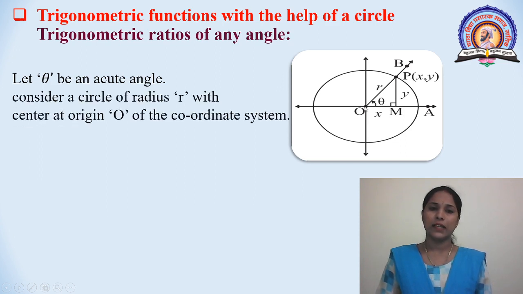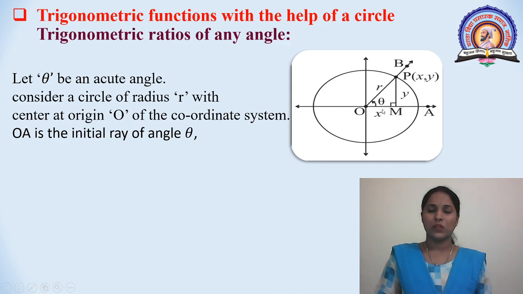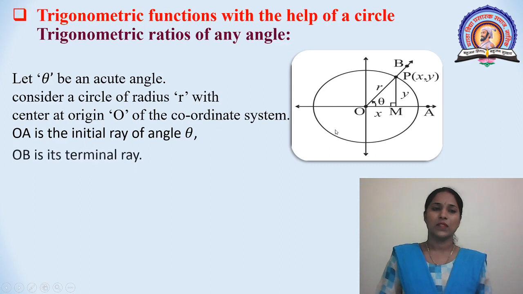Consider a circle with radius r with center at the origin of the coordinate system. When a circle has its center at the origin in the xy plane, this circle is called a standard circle. Here OA is the initial ray of angle theta. Here angle theta is measured in anti-clockwise direction. And OB is its terminal ray.